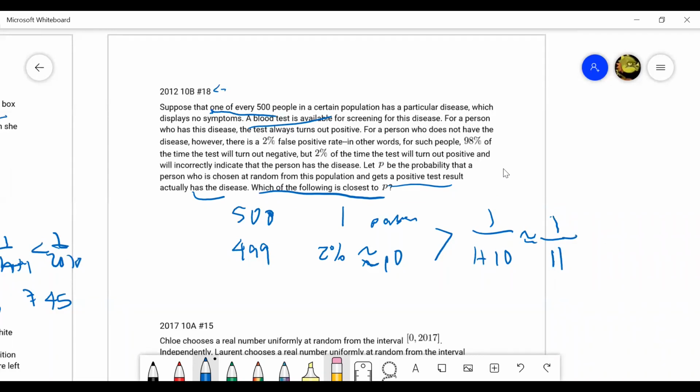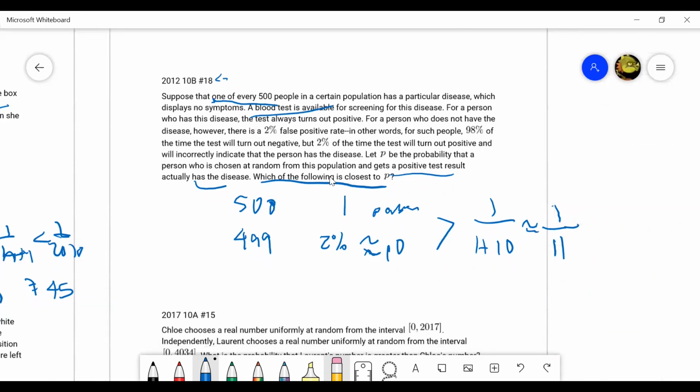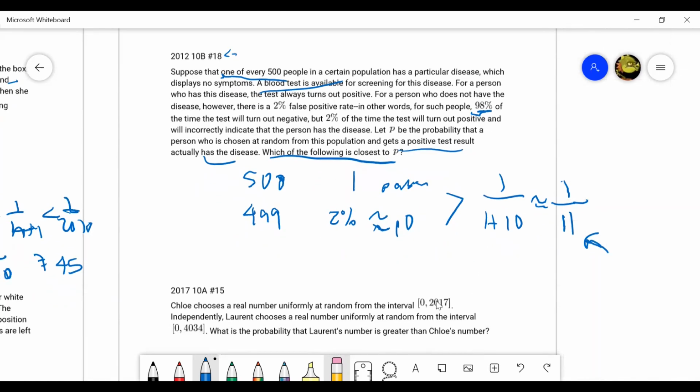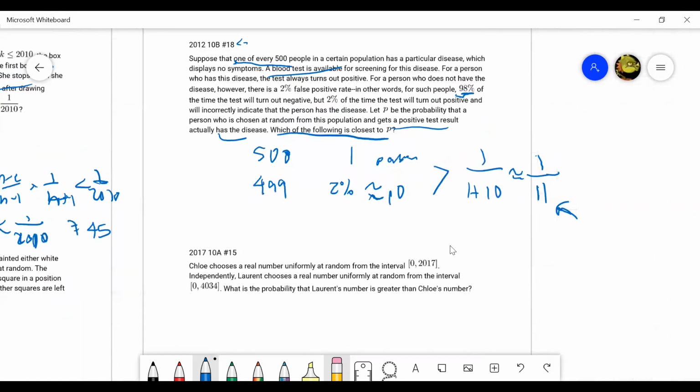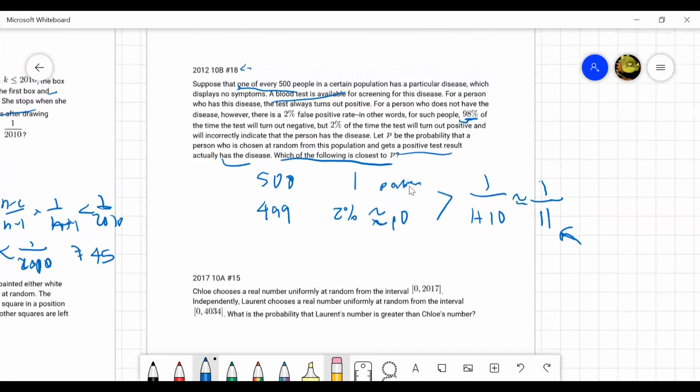So if you do get a test and it's 98% successful, which is a seemingly high percent, you're not actually very likely to have the disease. So if you're interested in that, you should look up the false positive paradox. It's pretty interesting.